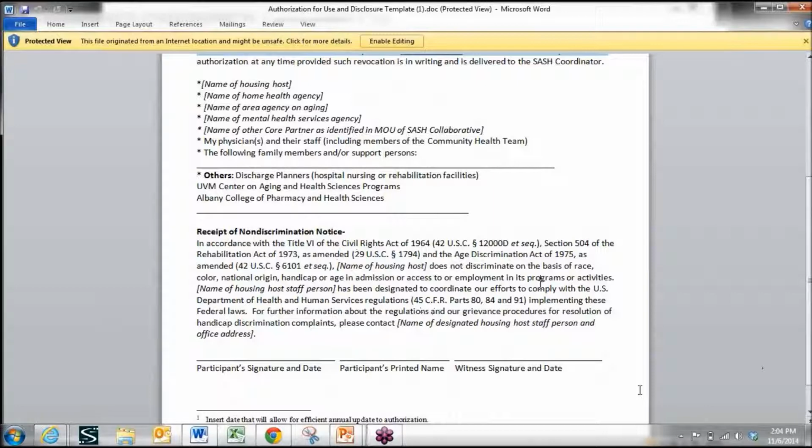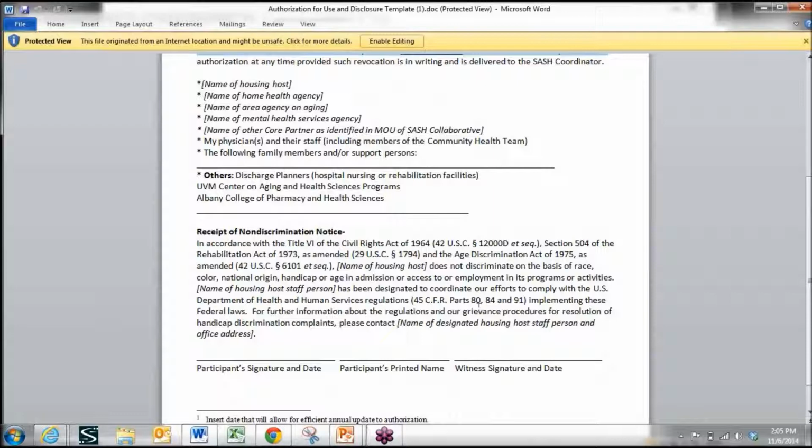Then importantly, you need to put in here the name of your housing host staff person and an office address for anybody that has a grievance with how the housing organization is handling information.